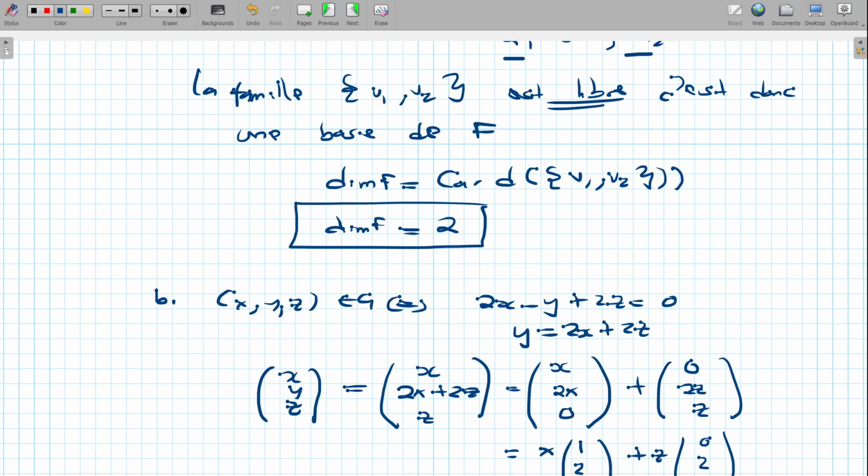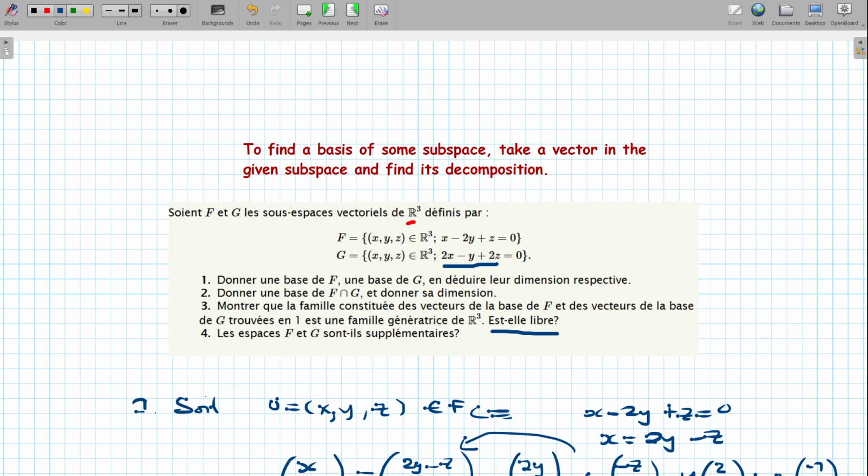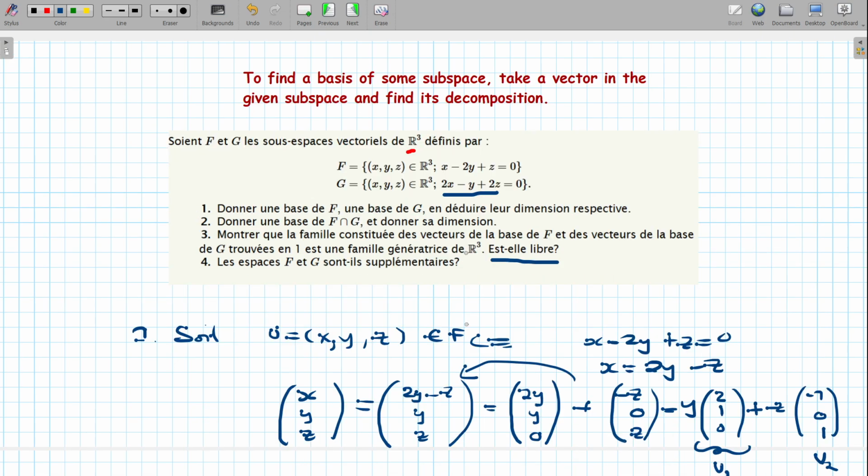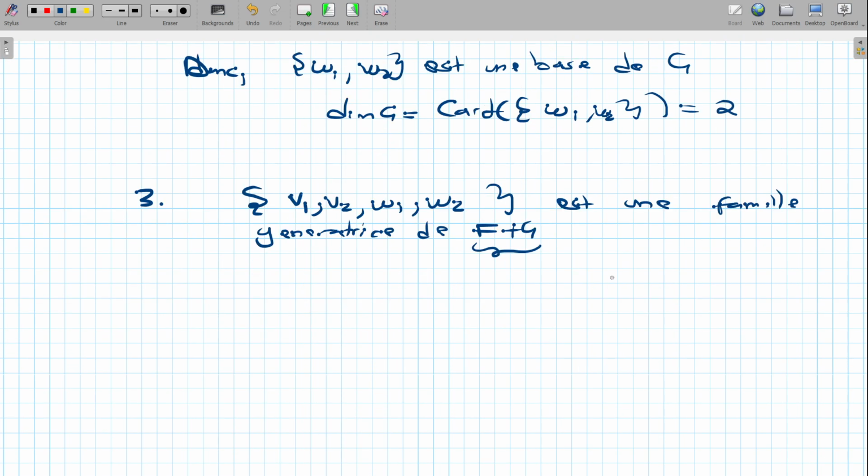Now the question here is saying, montrer que la famille constituée de vecteurs de la base de F et des vecteurs de la base de G trouvés en 1 est une famille génératrice de R3. Another way of writing what I've written here, V1, V2, W1, W2 est une famille génératrice de F plus G, is saying that F plus G is equal to vect of V1, V2, W1, W2.